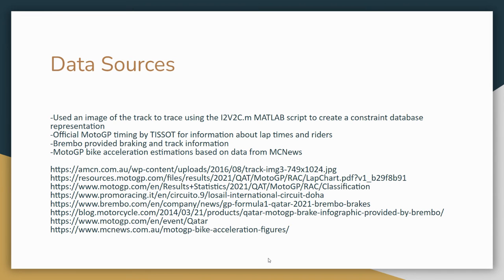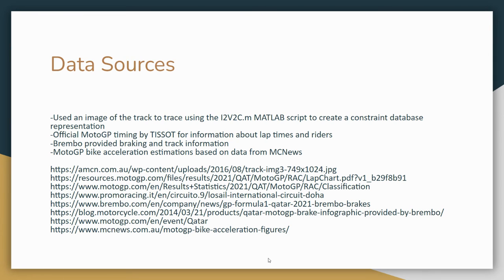For our data sources in our project, I will show it soon, but we also have an image of the track, which we use the I2V2C MATLAB script provided to trace along the outside and then the inside of the track to create a constraint database representation of that track.